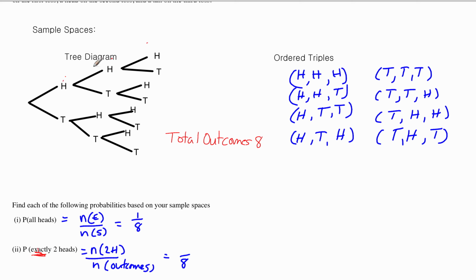That's not right. Heads, heads, tails. Okay, that's 1 time. Heads, tails, heads. That's the 2nd time. Heads, tails, tails. Nope. Tails, heads, heads. That's the 3rd time. Tails, heads, tails. Nope. Tails, tails, heads. Tails, tails, tails. So according to me, I got 2 heads 3 times.